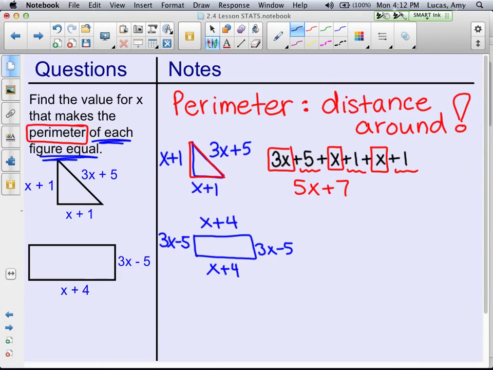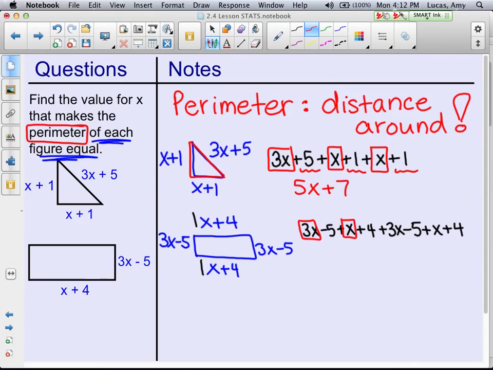They're expecting you to know that the opposite sides are equal. So now, I've got a lot to write over here. So I've got x plus 4, then I've got another 3x minus 5, and another x plus 4. Some of you may think of a shortcut instead of writing all of this out, and that's fine with me.